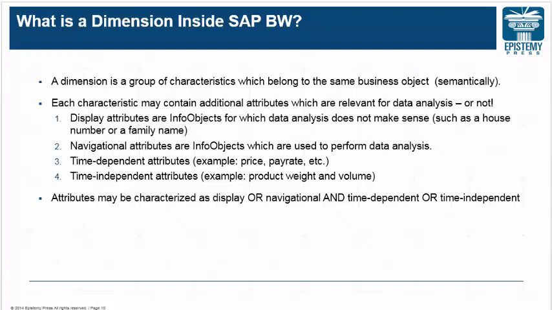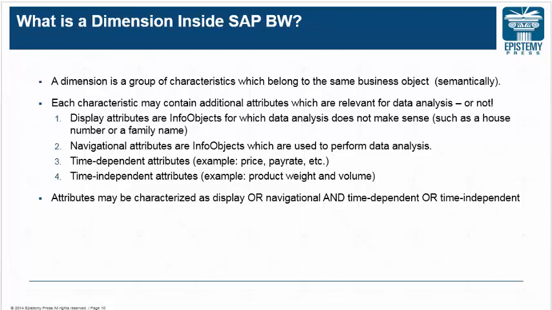Some of these attributes, we call them navigational attributes. The navigation attributes are information or data that reside in the master object. So it can be like address, zip code, and so on. So you may want to find out how many customers you have in a particular zip code.